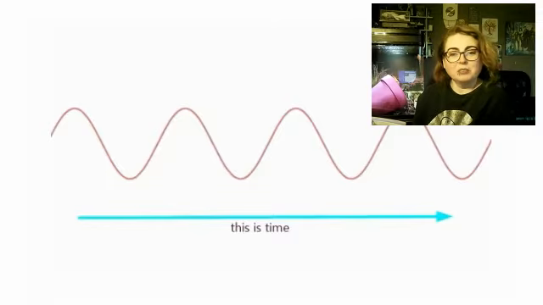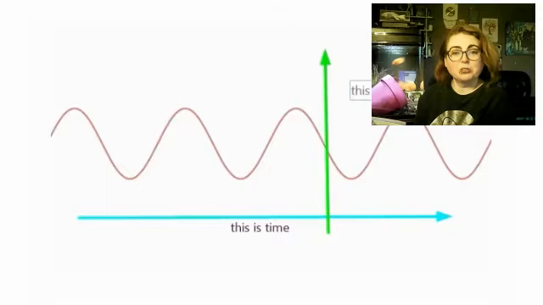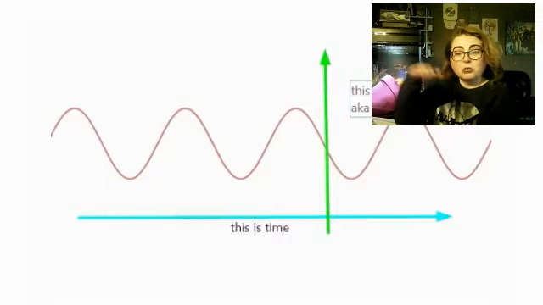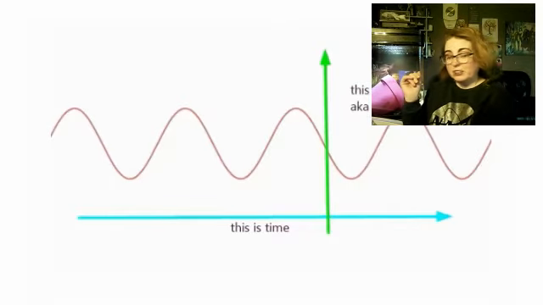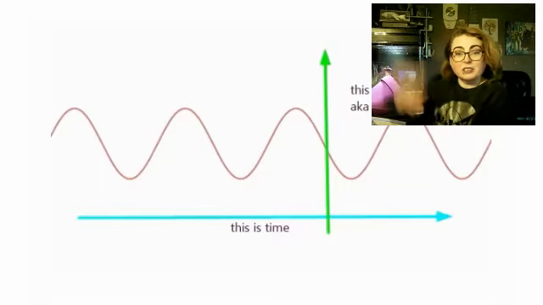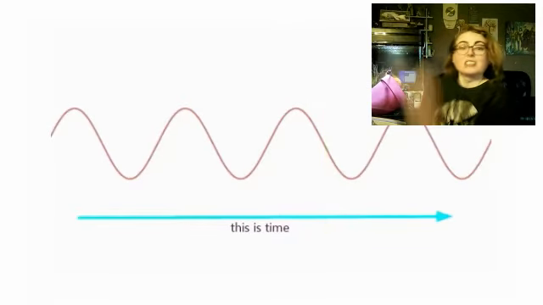So time goes this way if you were drawing it as a graph, and this is amplitude. This is the volume, this is how loud it is. So if it's a little low squiggle, it'll be quiet, and if it's a big tall one, it'll get louder.